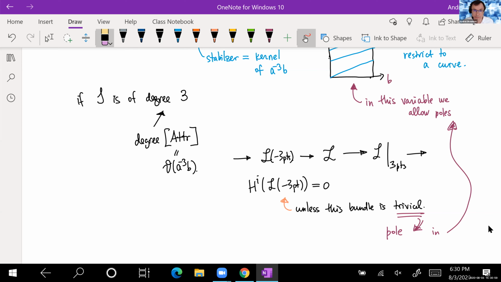If you work in equivariant K theory, the direct analog, with a one-dimensional torus, is a trivial cohomology vanishing. It's like saying a polynomial of some degree on a torus is determined by so many points. That's not very interesting.